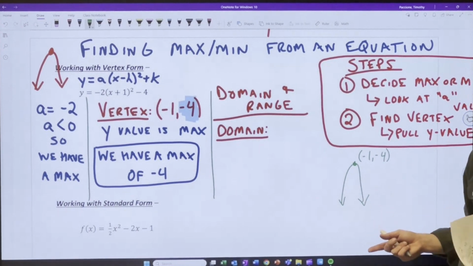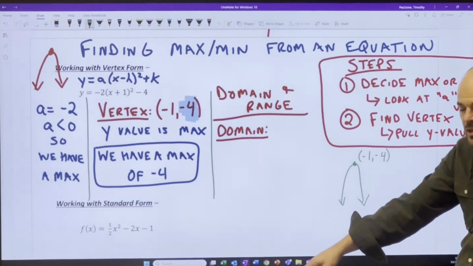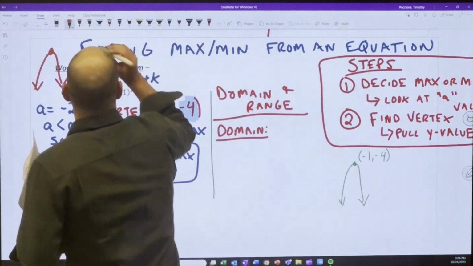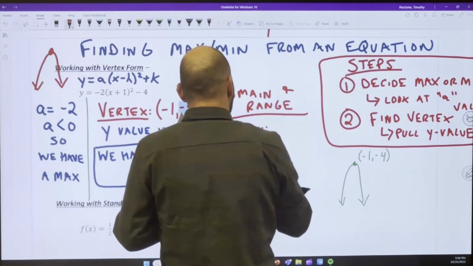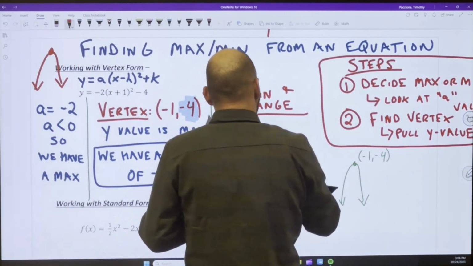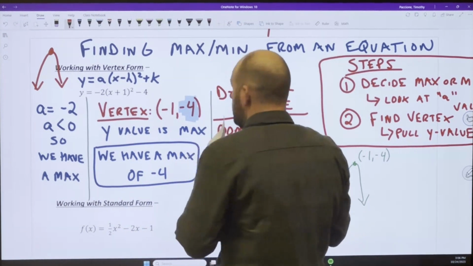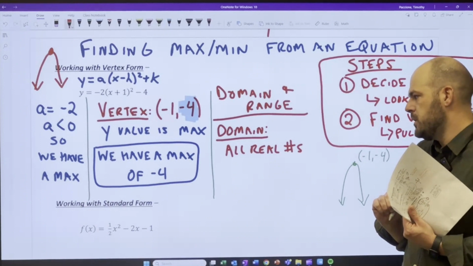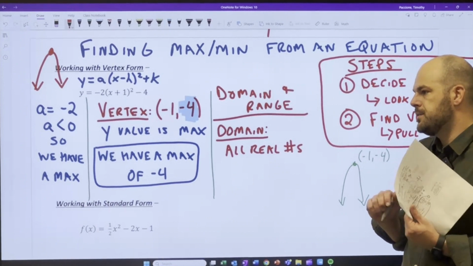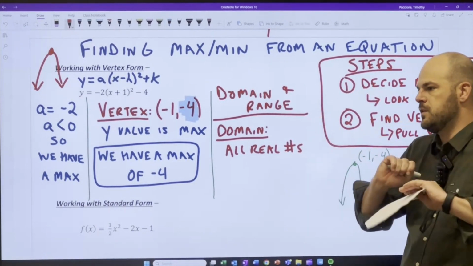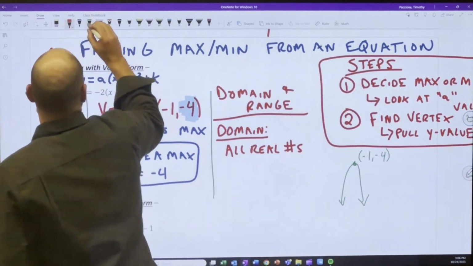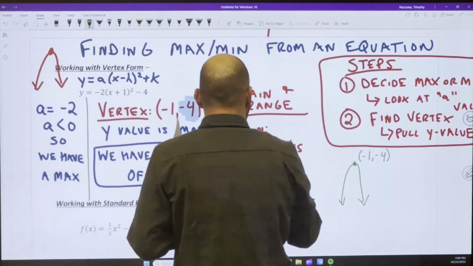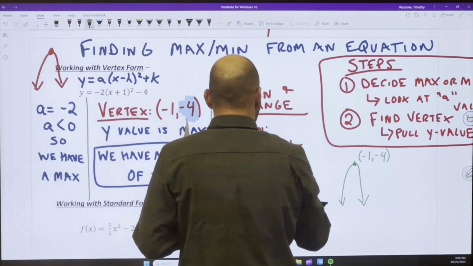My domain for any parabola is all real numbers. It depends how you put it. If you said x is between -infinity and +infinity. So this is true for all parabolas, so that's going to be easy in this unit.